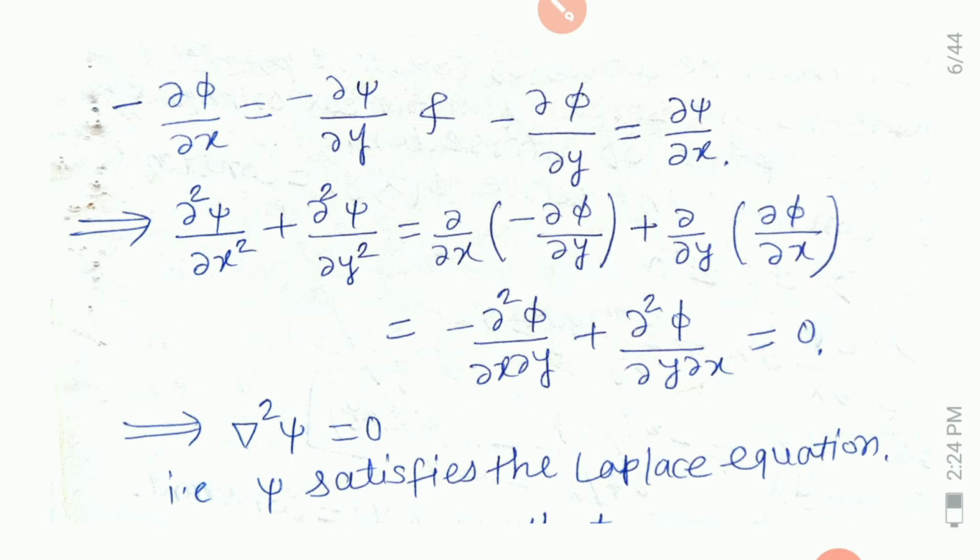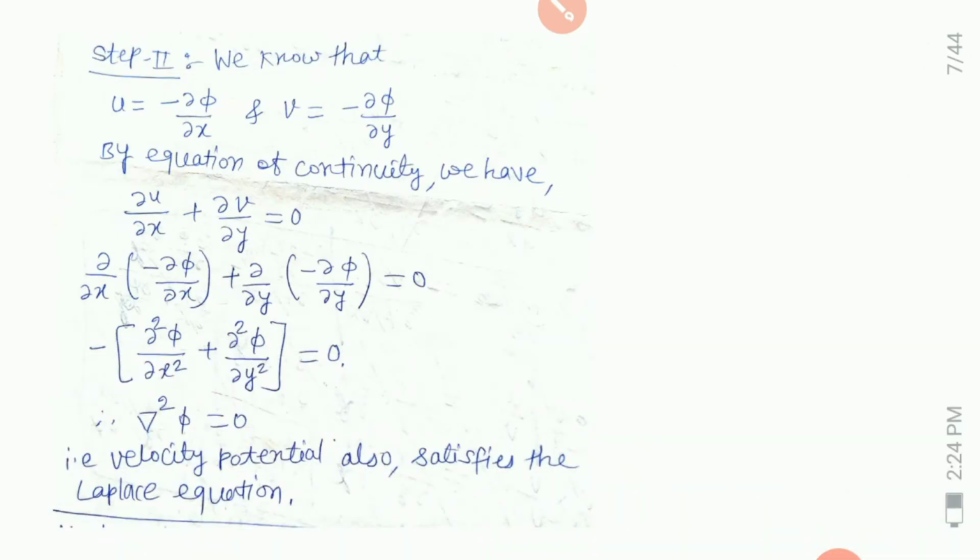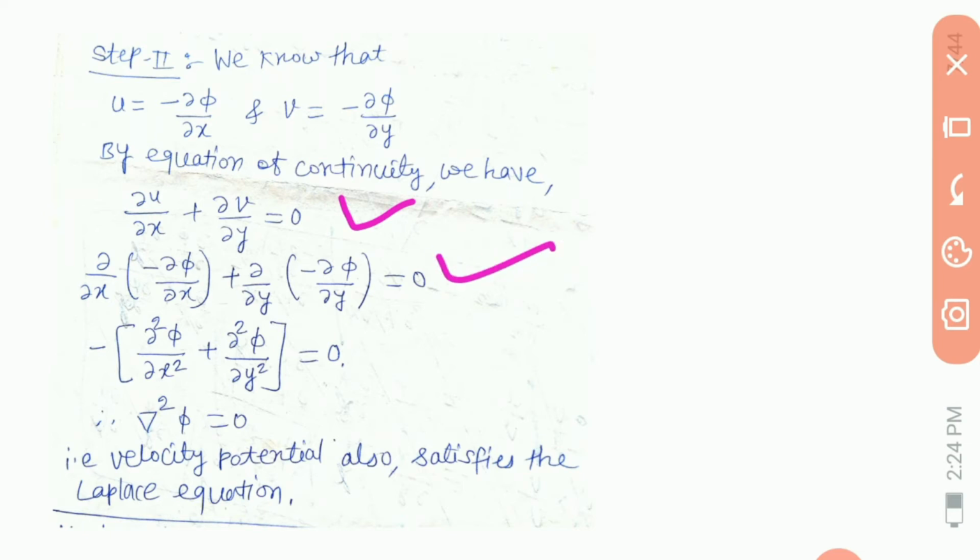By the equation of continuity, we have ∂u/∂x + ∂v/∂y equal to 0. ∂/∂x of (−∂φ/∂x) plus ∂/∂y of (−∂φ/∂y) is equal to 0. We know u is −∂φ/∂x, so we put that here, and v is −∂φ/∂y, we put that here.